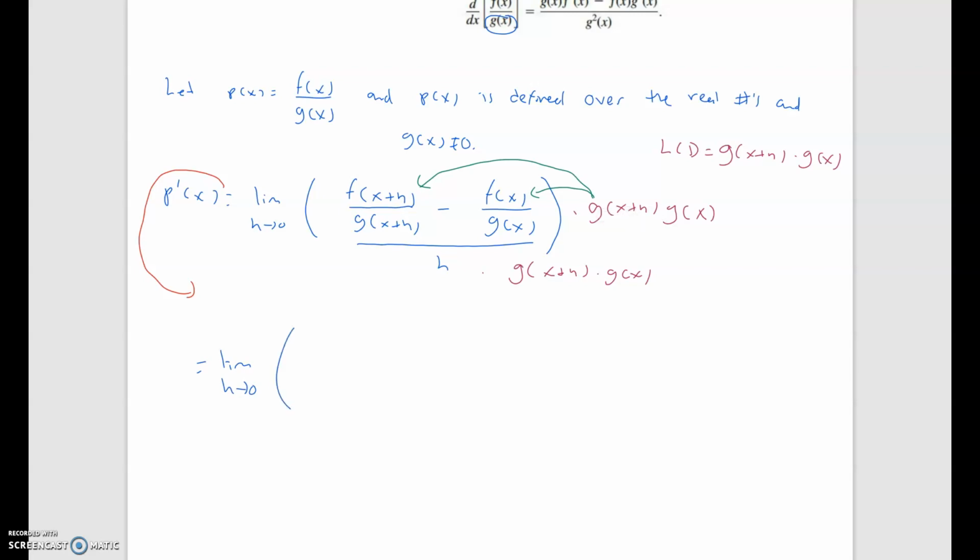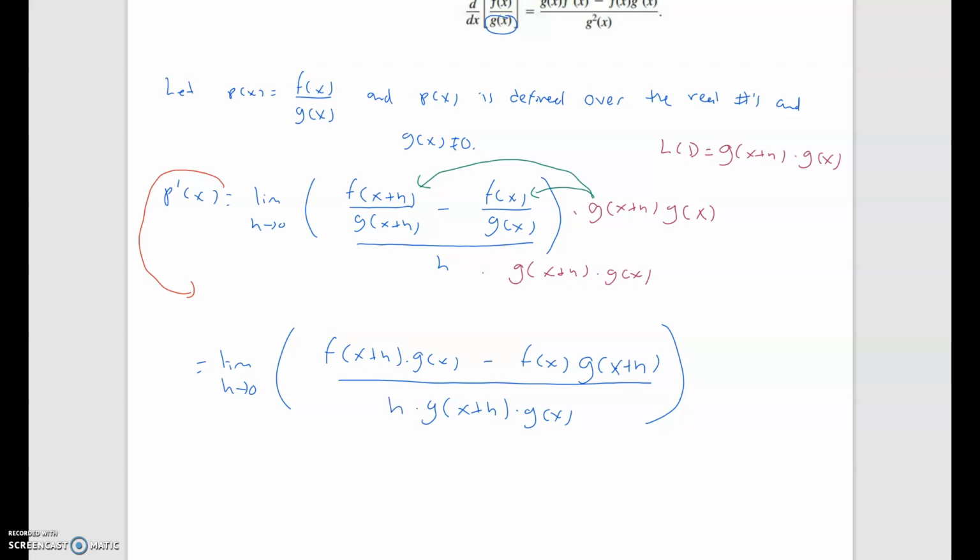As you multiply the LCD times the first function, your g of x plus h cancels, and we're left with f of x plus h times g of x, minus f of x times, and your g of x cancels, so you're left with g of x plus h, all over h times g of x plus h times g of x. In parentheses there, let me just put in a times here.